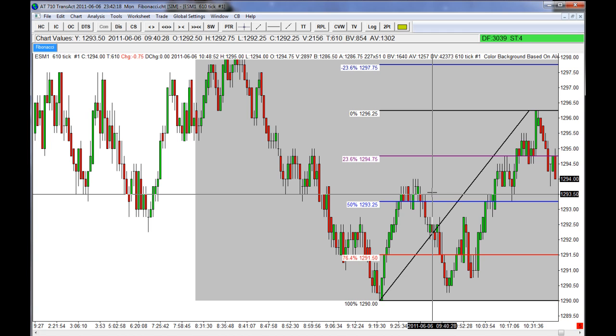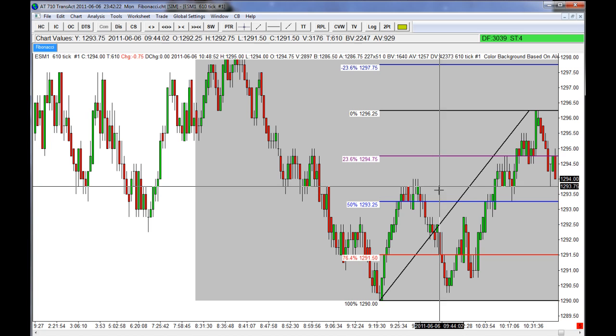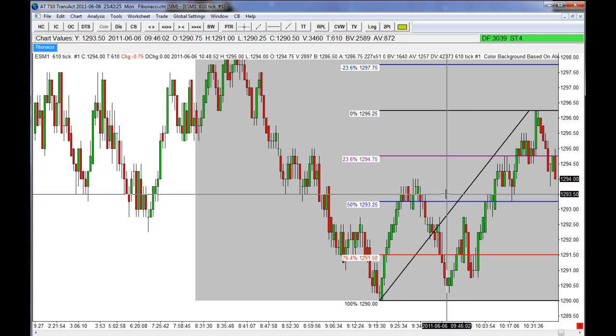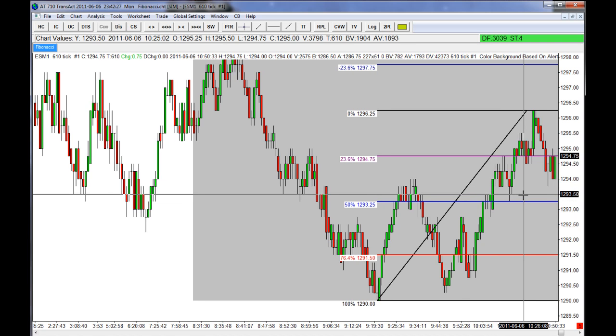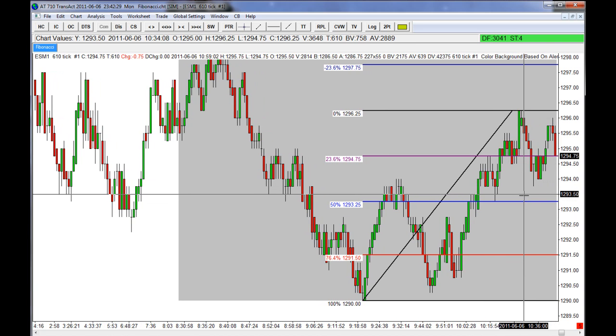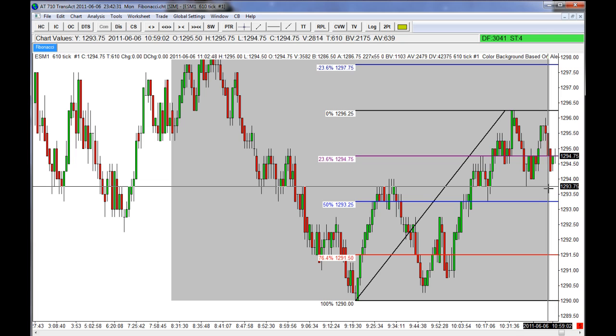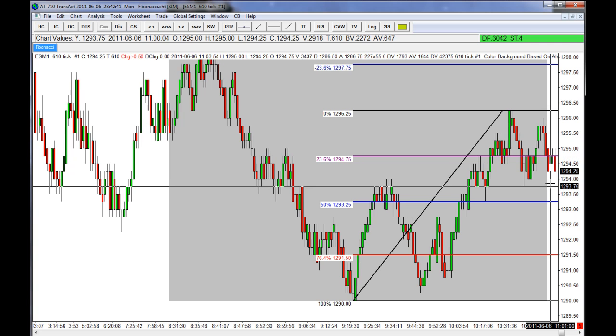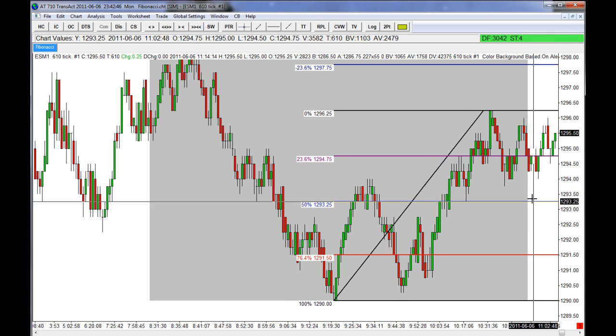So the stop is 3 ticks larger than our profit, so I would not be looking to take this trade at this level. And then as you can see, 12 Eastern Standard Time or 11 Central Time is right here, so I'd stop looking for trades.